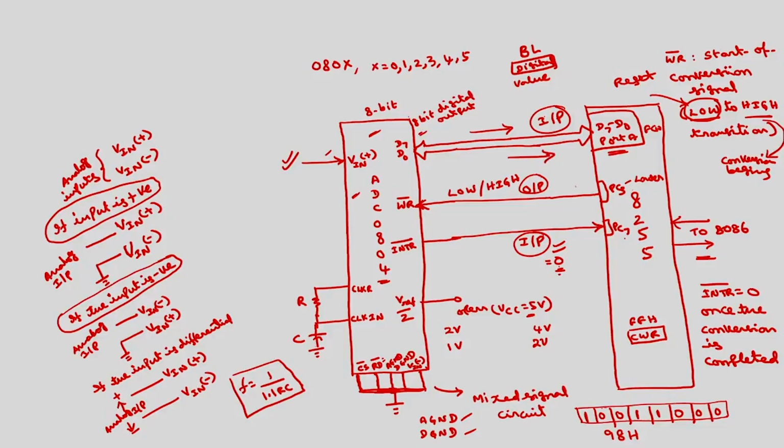So first I want to send a low over this PC3 and then high over PC3. So what are the instructions for that? Low over PC3. Port C is PC7, PC6, PC5, PC4, PC3, PC2, PC1, PC0.